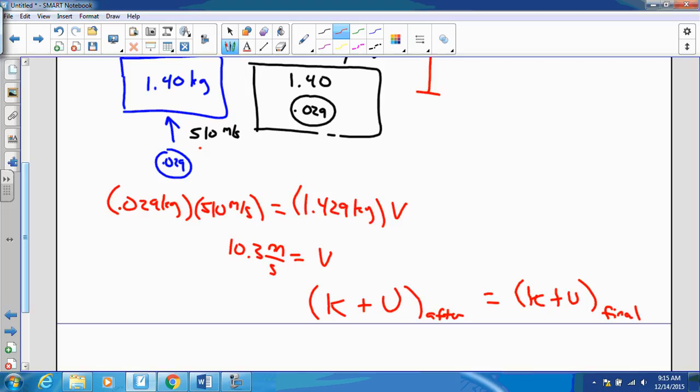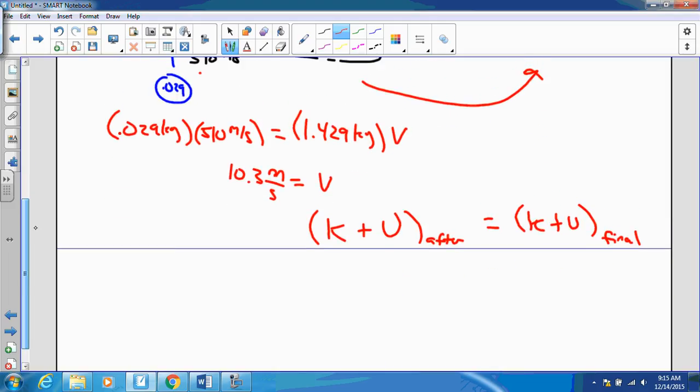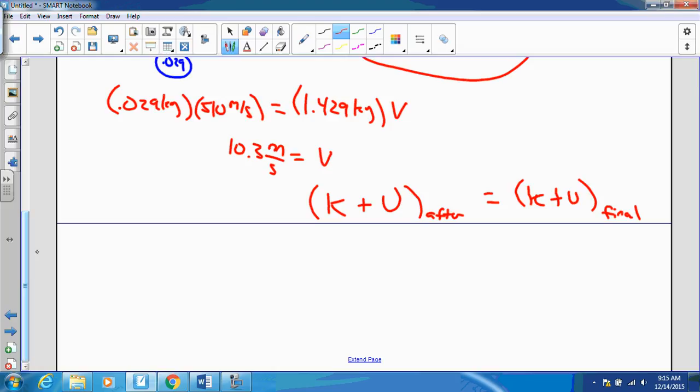I could not use the kinetic energy of this guy because most of that kinetic energy gets lost or wasted in the collision. But I can do it as I go from this state to that state, because the only force acting is gravity, a conservative force. So what's U? U is potential. I know your book uses PE, but I use U.